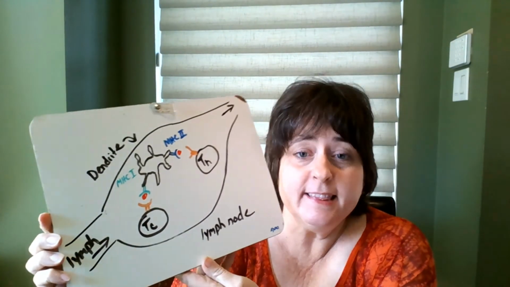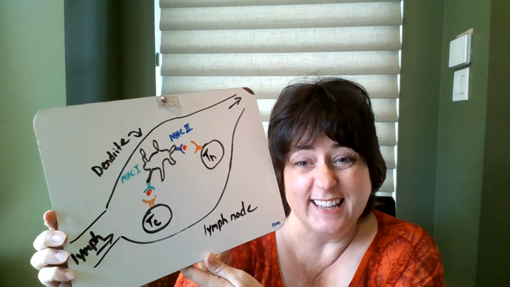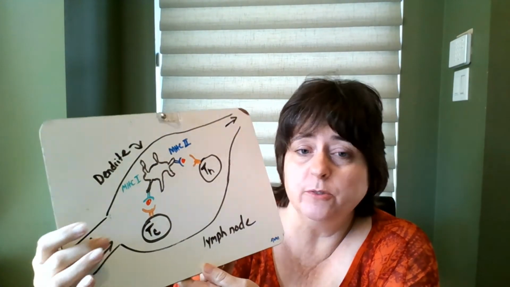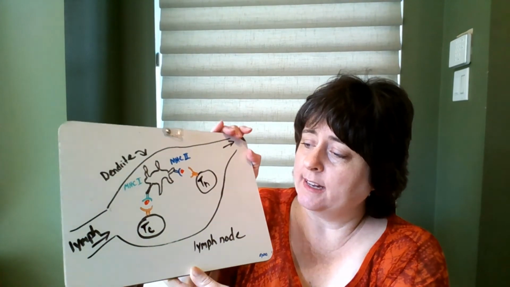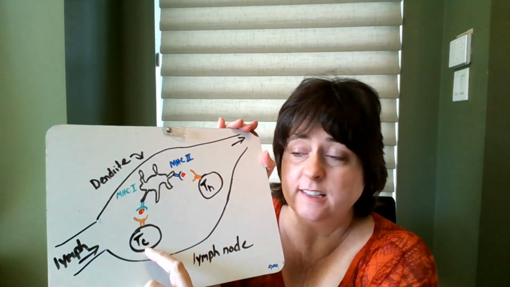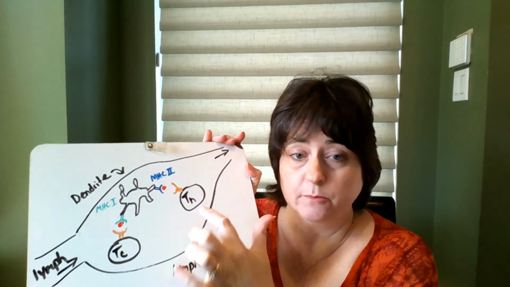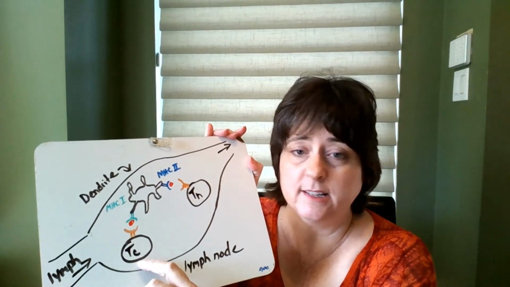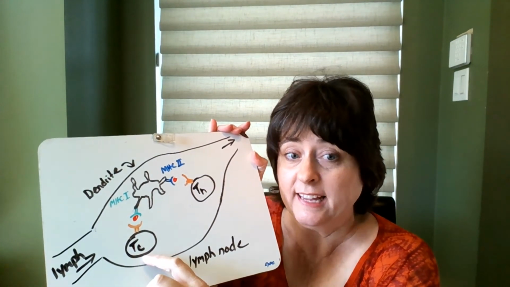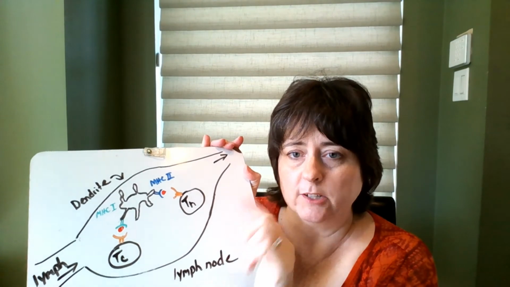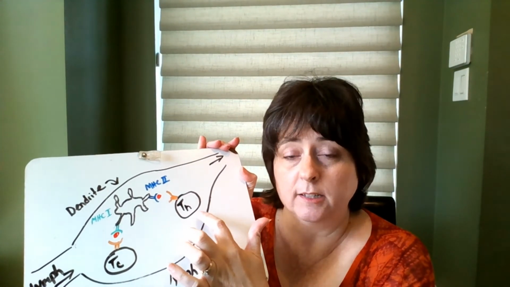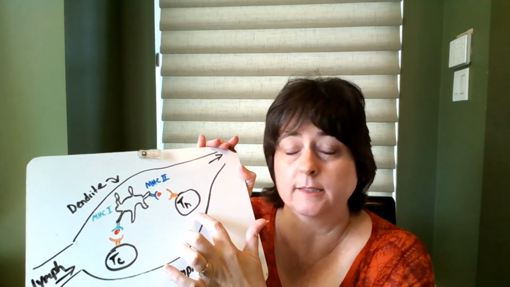In the lymph node, we have our T cells hanging out. These are the ones that have gone through clonal deletion. They have differentiated into cytotoxic T cells and helper T cells. Remember, cytotoxic T cells are producing a protein called CD8. Helper T cells, flip that H over, are producing a protein called CD4.